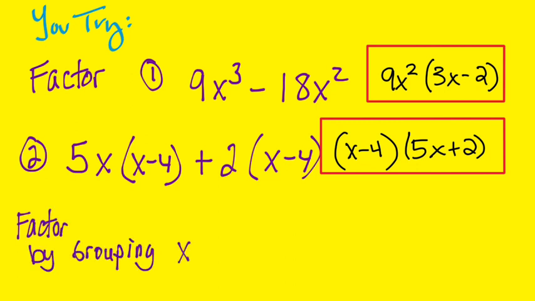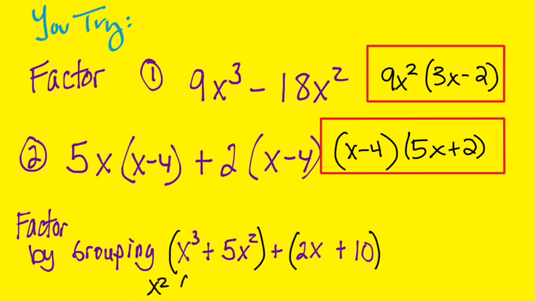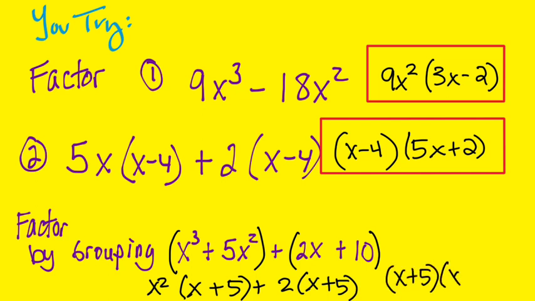And then, of course, now we're going to practice factoring by grouping. We make our groups, take a GCF out, factor out the common binomial, and there you have it.